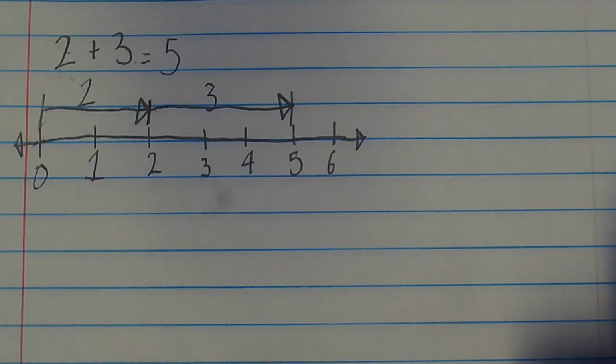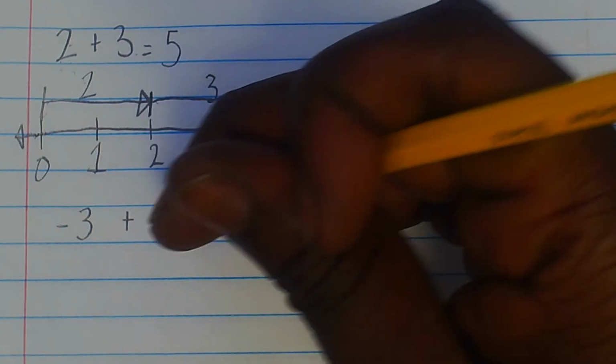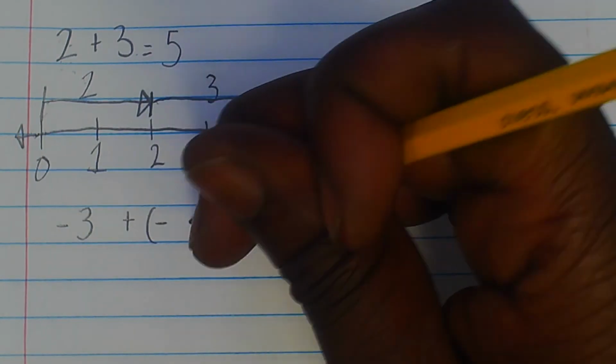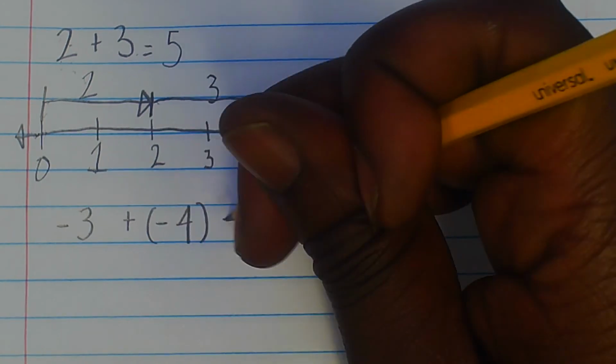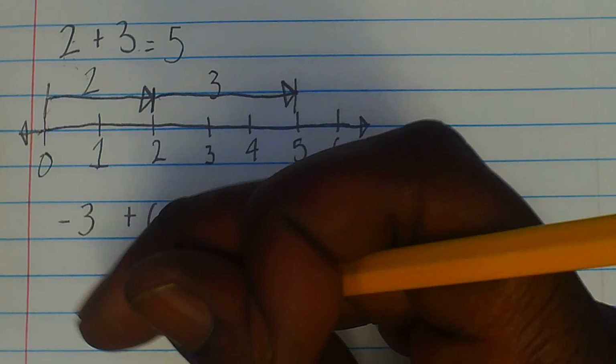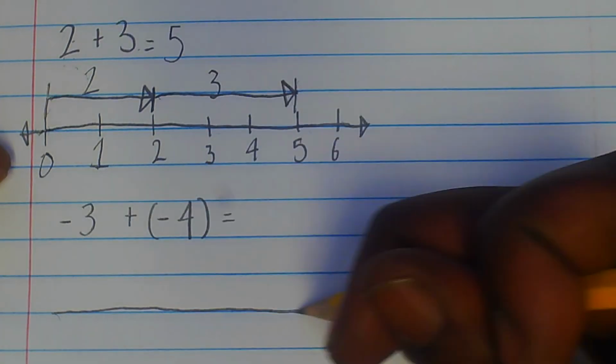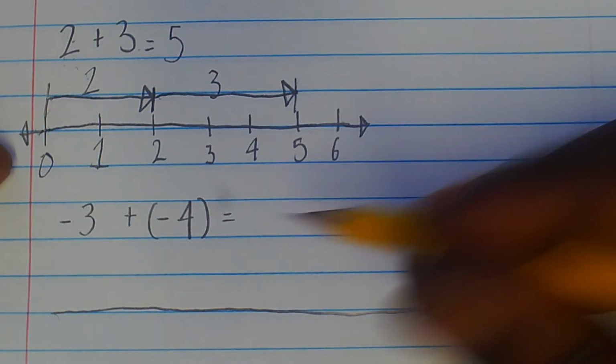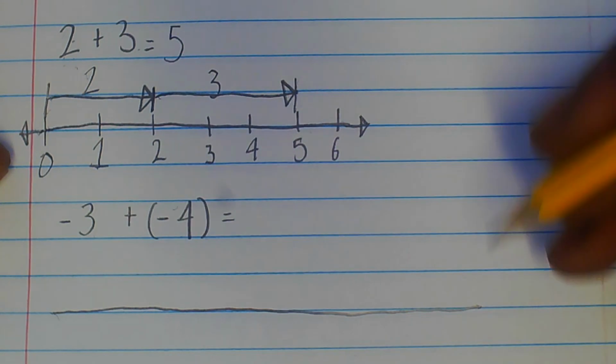Okay. Similarly, if I have negative 3 plus a negative 4, since they're like signs, the arrows representing each one of these values will move to the left because both of those are negative values.